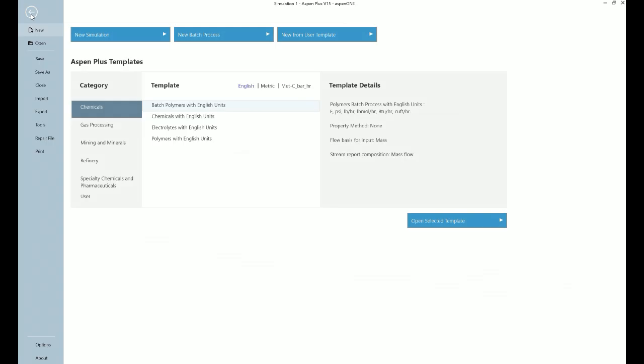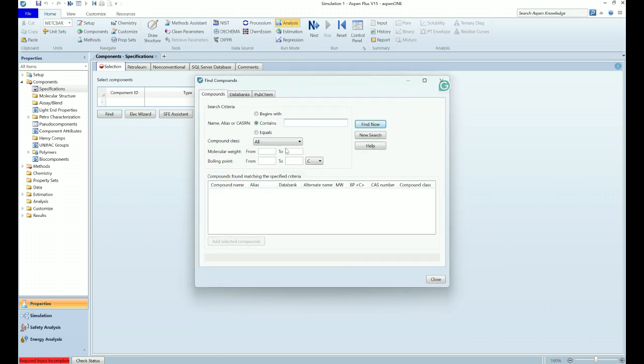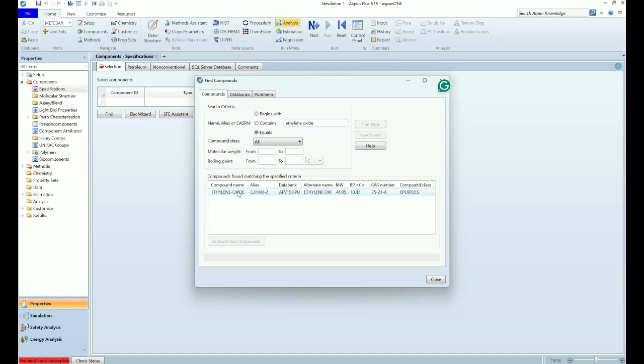So here, let's create a new simulation, right? And first of all, let's select our compounds, ethylene oxide, our main reactant. Let's find it here as equals, okay, so as not to find other possibilities similar to this compound.